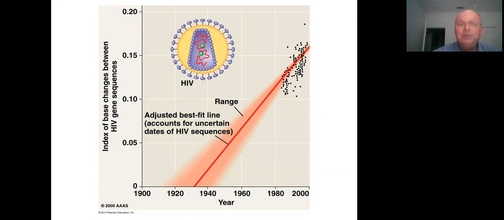It actually adapted to being present in the human population and became less lethal in terms of the time it took for AIDS to develop as a response to the HIV infection, to provide it with more opportunity to infect many, many more hosts, because it does not serve the virus any benefit to kill the host quickly.